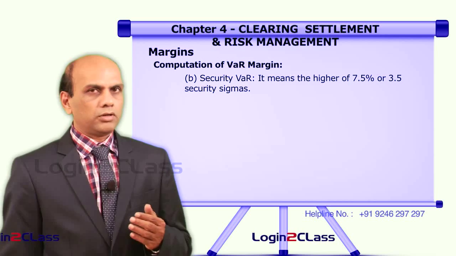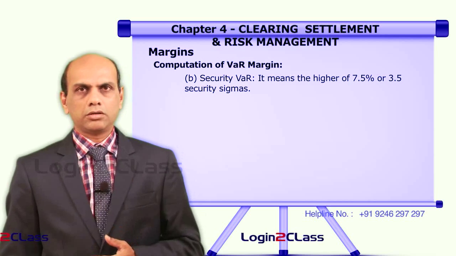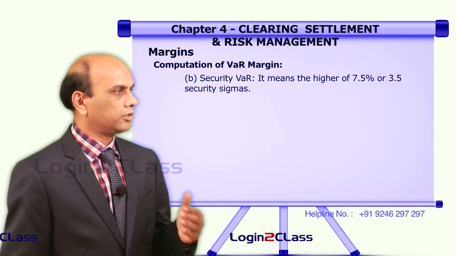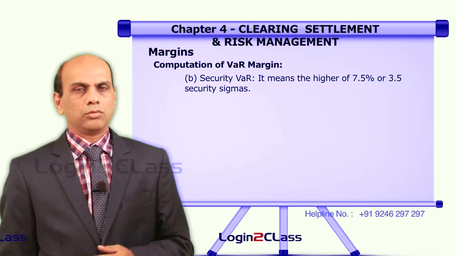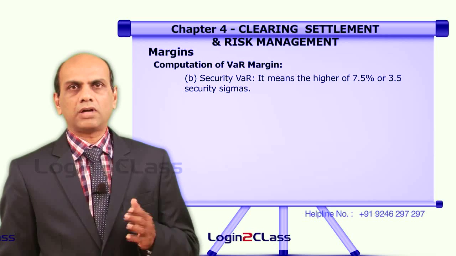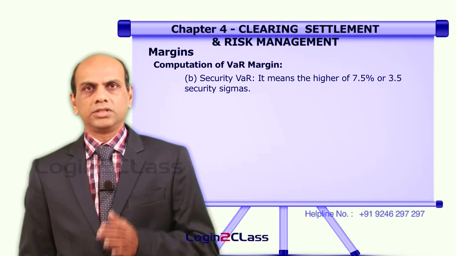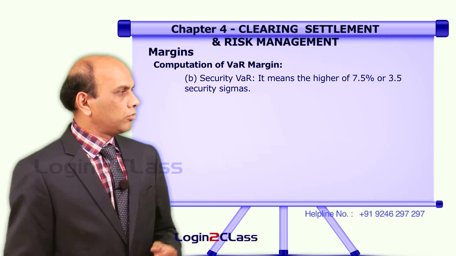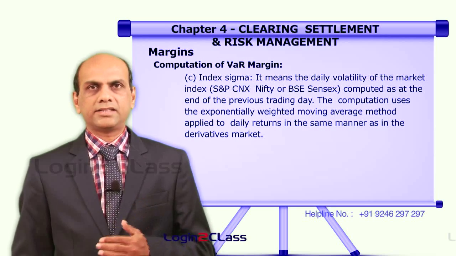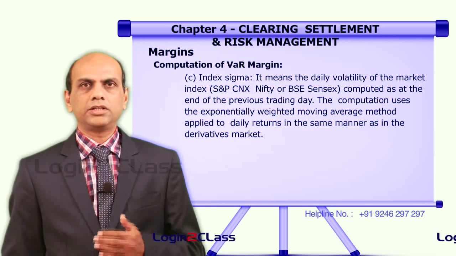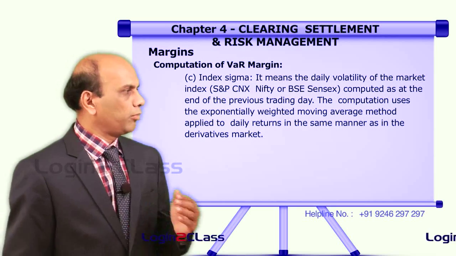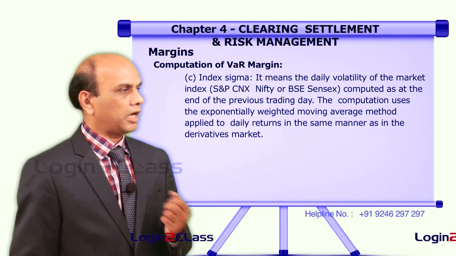Now, we have seen what is security sigma, then we saw what is security VAR. Based on security sigma, we have arrived at what should be the security value at risk margin. Now, we are seeing index sigma, that is the volatility for the index itself. It means the daily volatility of the market index.